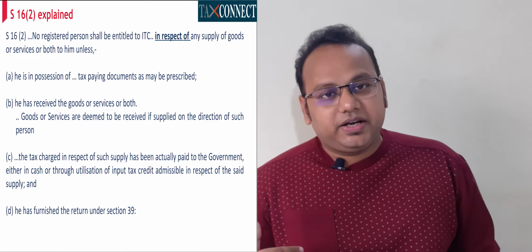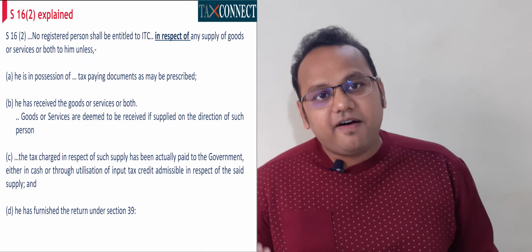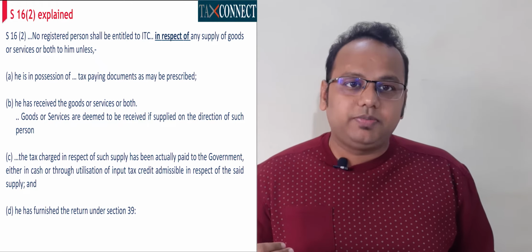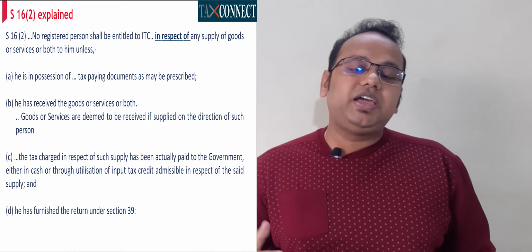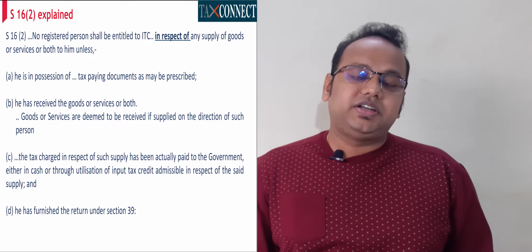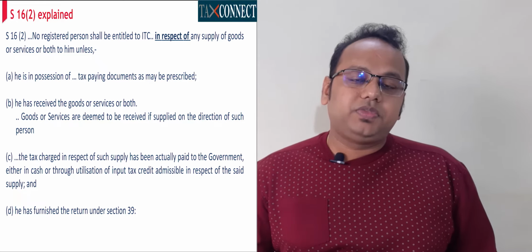16(2)(c) is very critical. The tax in respect of such supply of goods or services should be paid to the government. And 16(2)(d) is that the assessee who is availing the ITC should have filed his returns. Now, 16(2)(a) is very simple.